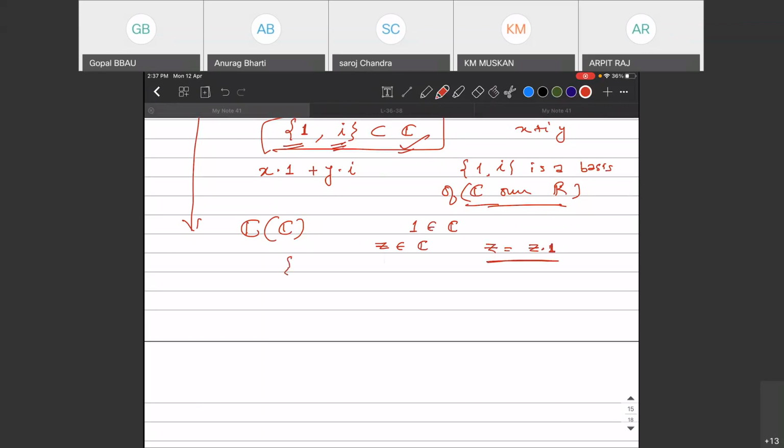This means 1 is a basis. In fact, any non-zero complex number would be a basis, would span C.